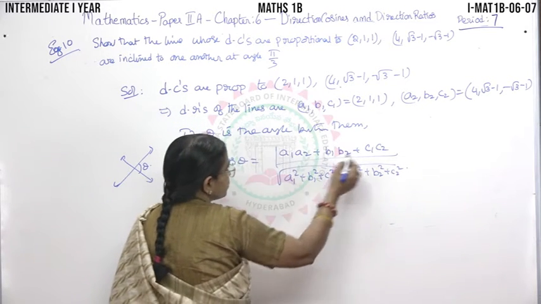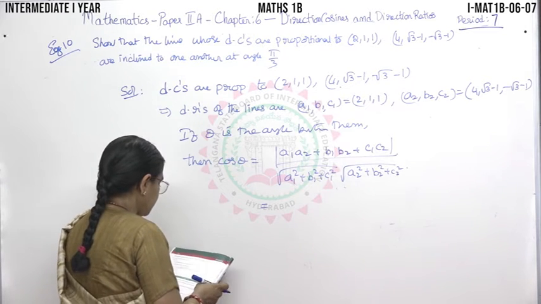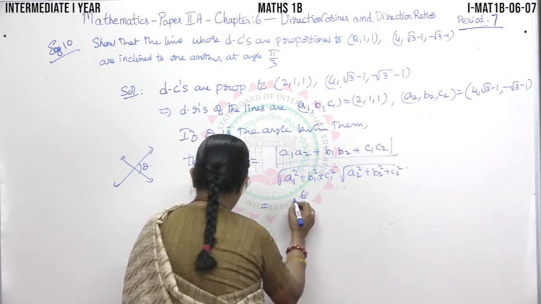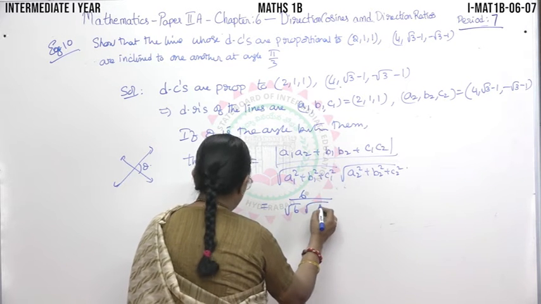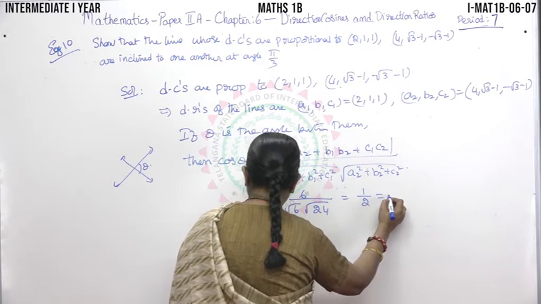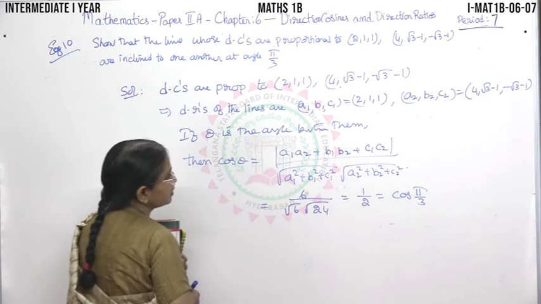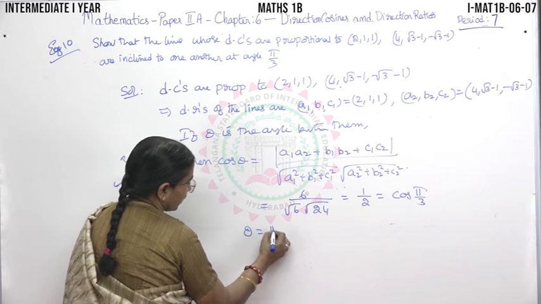So now when you substitute and simplify, you will get, it is a solved example, writing the values directly, 6 by root 6 into root 24. So you will get 1 by 2, which can be written as cos pi by 3. So theta is equal to pi by 3.